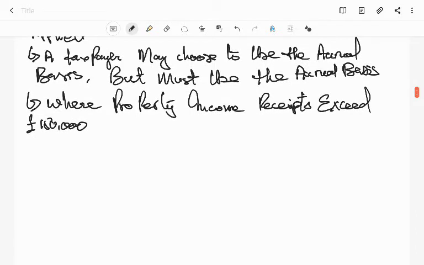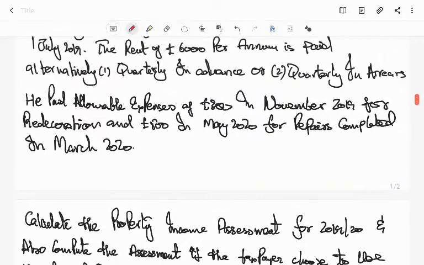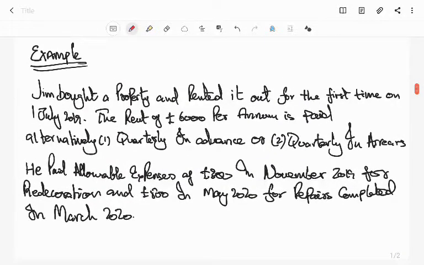Now, here is the example. Jim bought a property and rented it out for the first time on 1st July 2019. The rent of £6,000 per annum is paid alternatively quarterly in advance or quarterly in arrears.